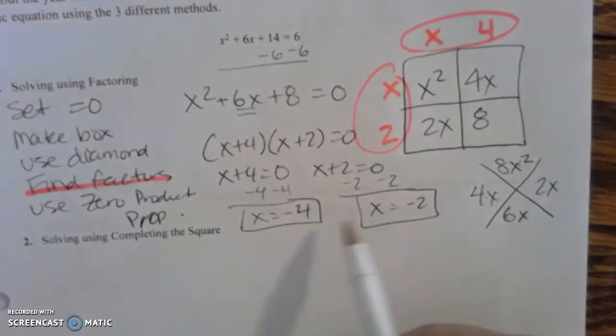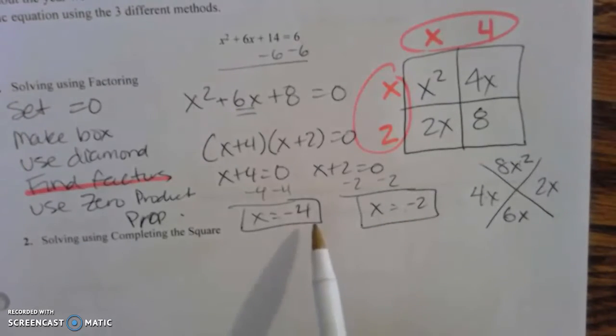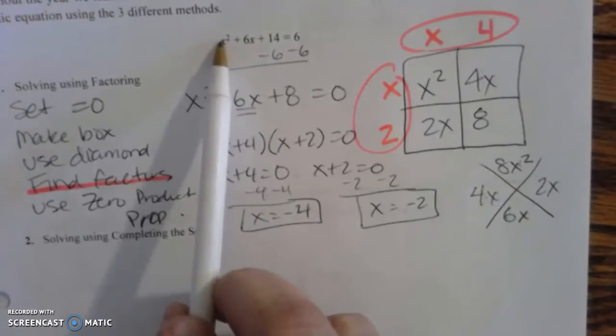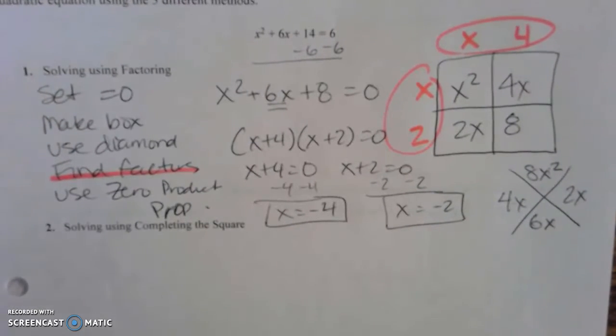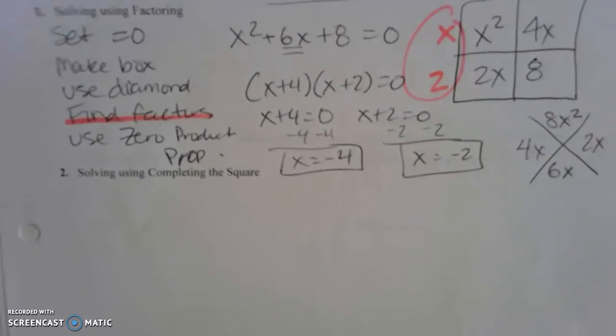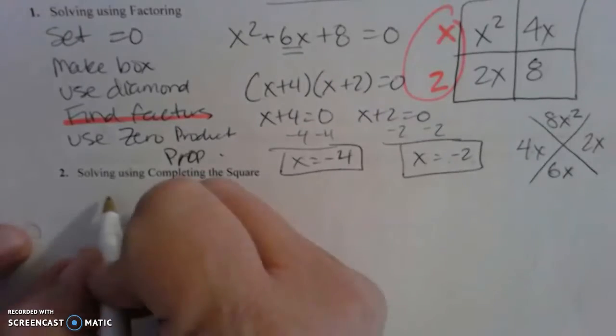So those are our two answers. And remember, if I were to graph this, that means this quadratic equation would touch the x-axis at negative 4 and negative 2.